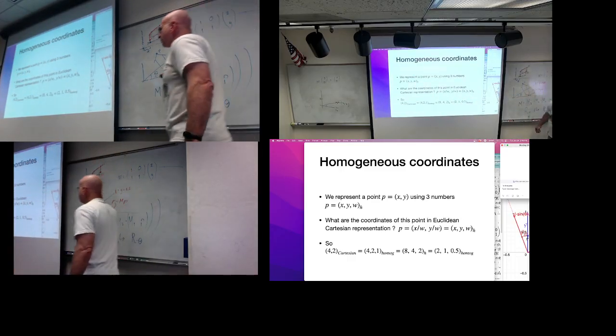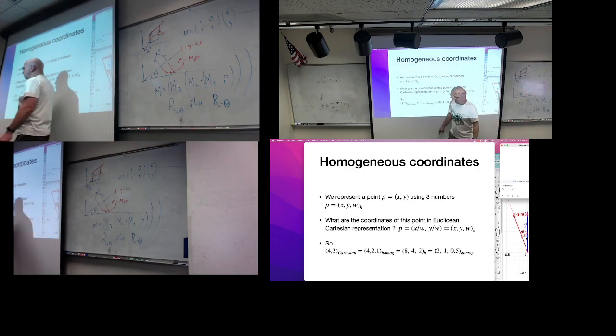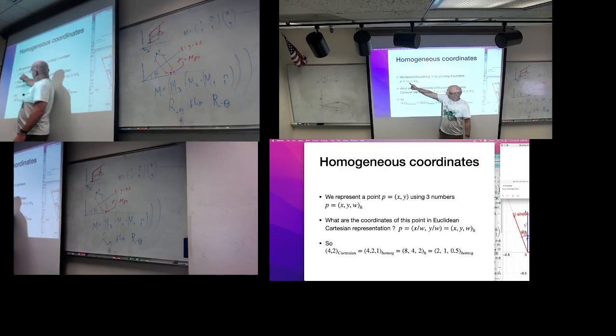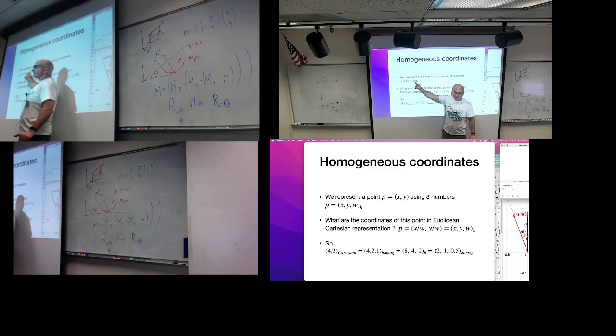But now I want to represent the location of this point using not 2 numbers, but using 3. The 3 numbers in homogeneous coordinates would be x, y, and another one which is not z, and it's not time, it's not animation, nothing moving here, it's w.